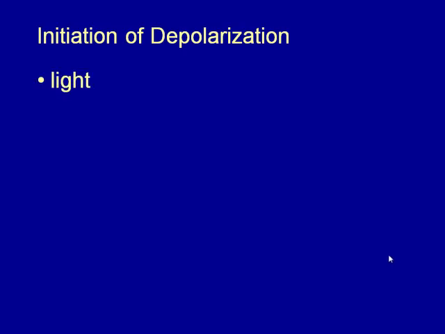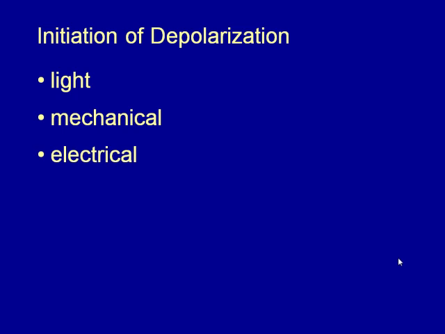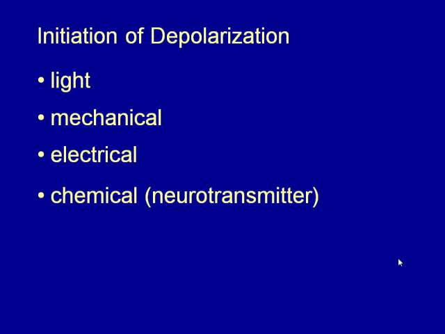Now, different things can cause depolarization. Some receptors are susceptible to light, some to mechanical changes, vibration, pressure, some to electrical, and some to chemical. And those that are susceptible to chemical, this is where the neurotransmitters can cause that depolarization event to occur.